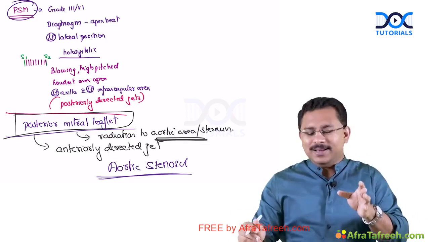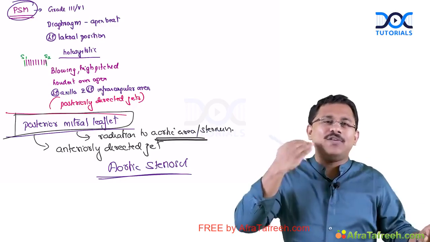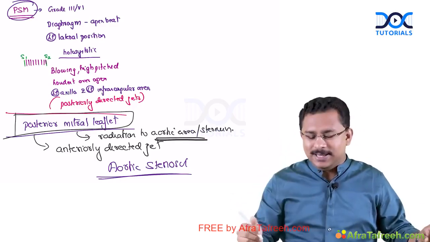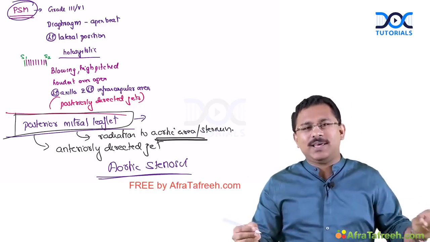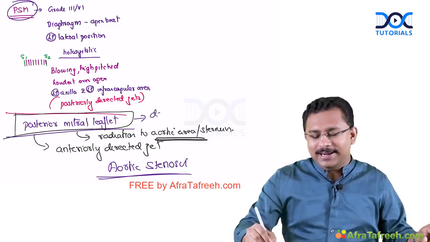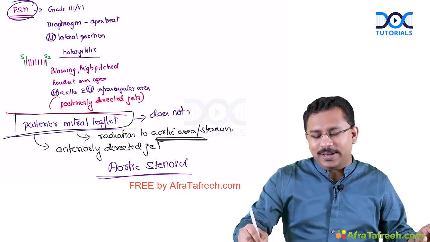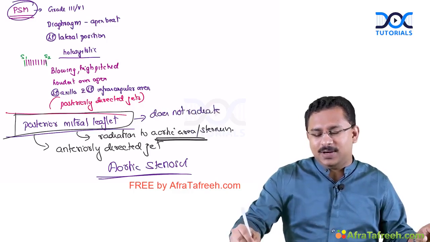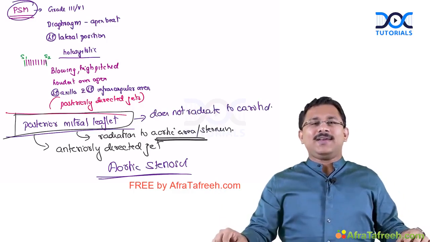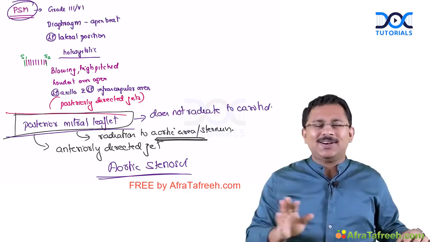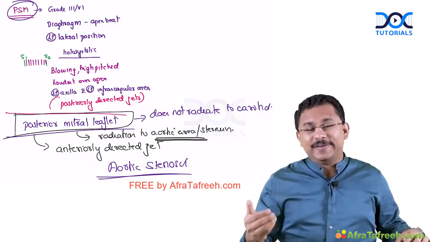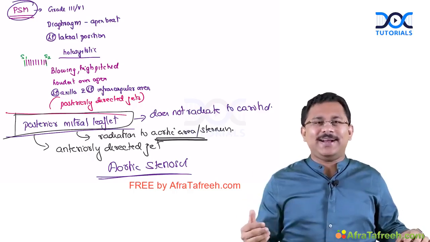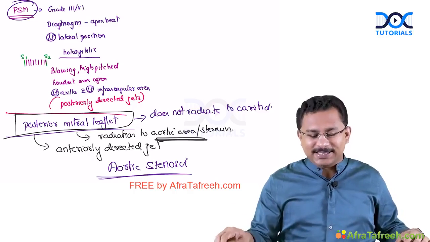But remember, the aortic stenosis murmur always radiates to the carotids, but here the MR murmur, because of a posterior mitral leaflet abnormality, does not radiate to the carotids. All right. So the pansystolic murmur, the holosystolic murmur, the nature of the murmur, and the difference when it occurs because of a posterior mitral leaflet abnormality, I have discussed them all.